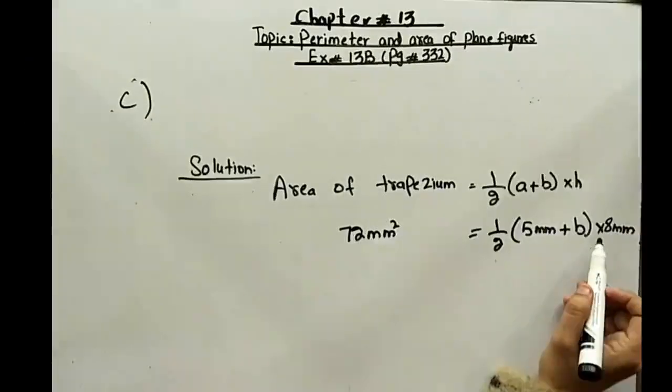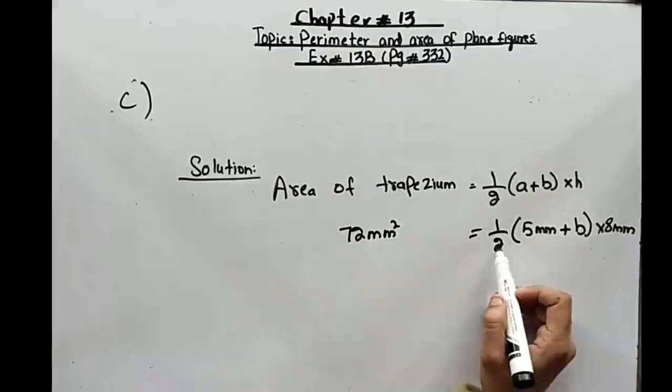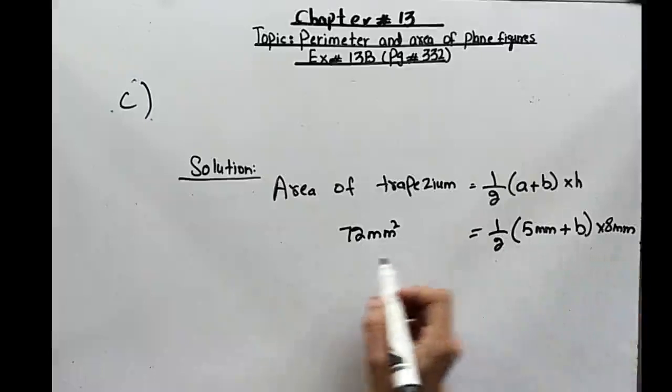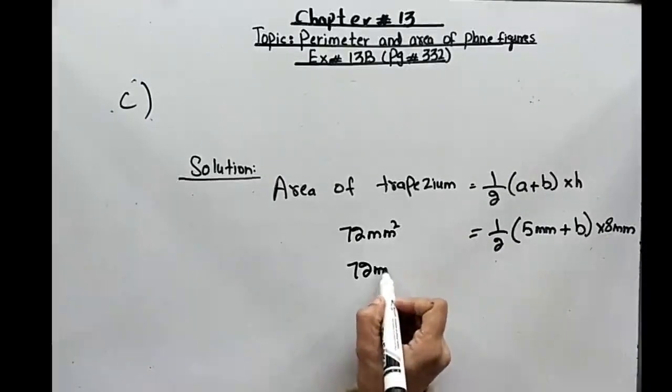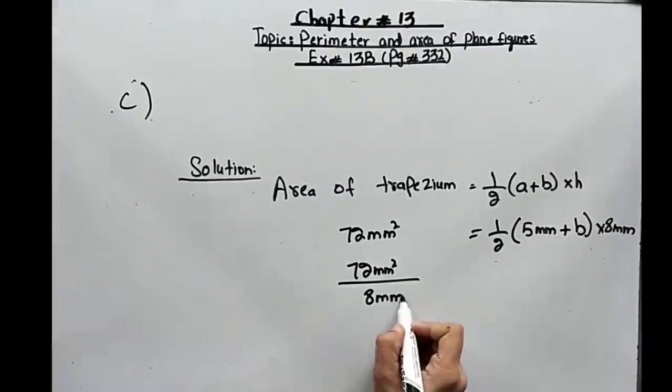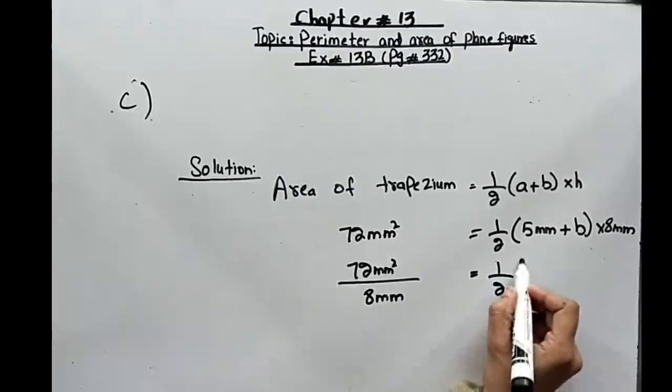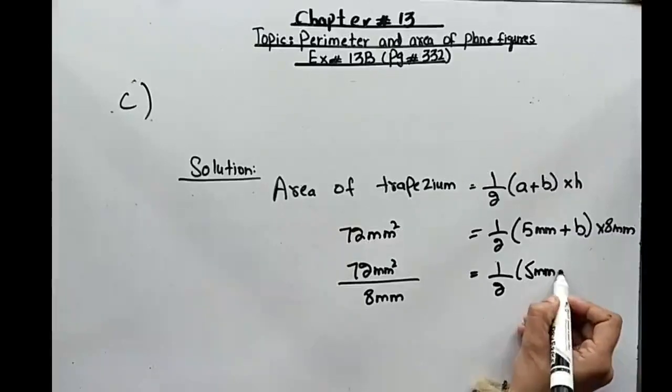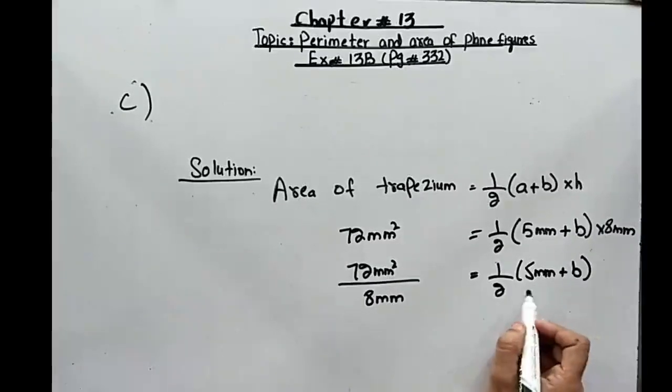So it is multiplying with this expression. So first 8 will move here, 8 will divide on the other side, then 1 by 2 (5 millimeter plus B) will be left here.